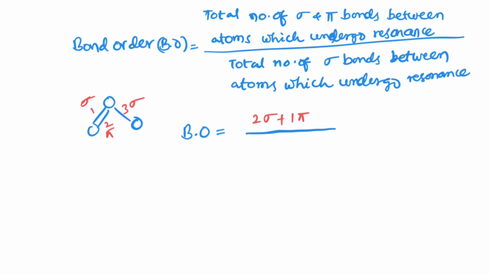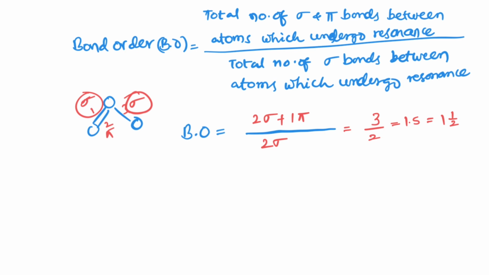Total number of bonds is 3, and total sigma bonds is 2. So I can write 3 by 2, which is 1.5, otherwise 1 and 1 by 2. This is the fractional bond order for ozone.